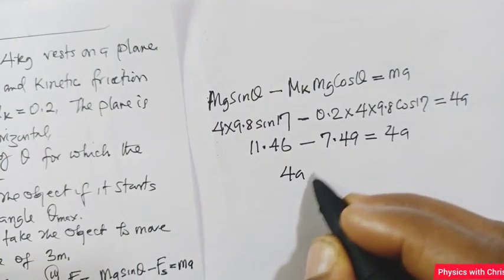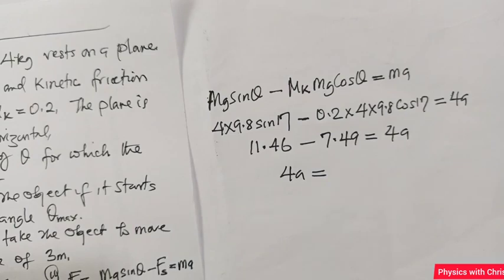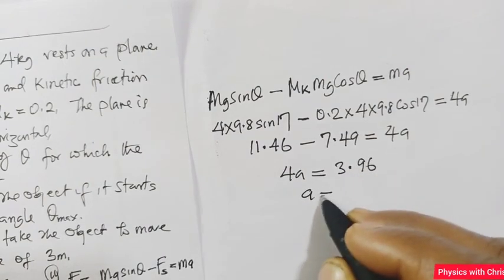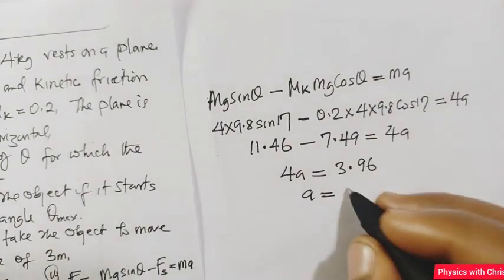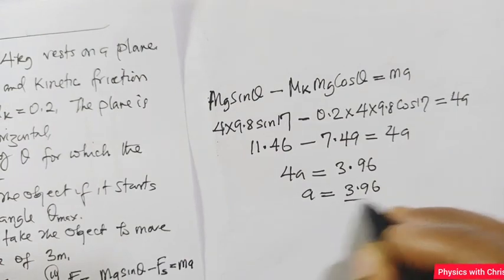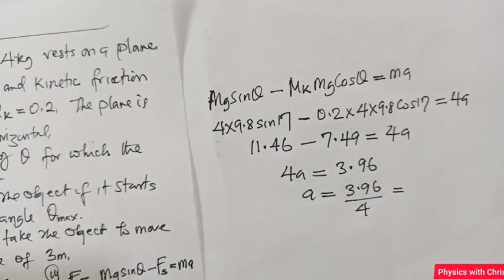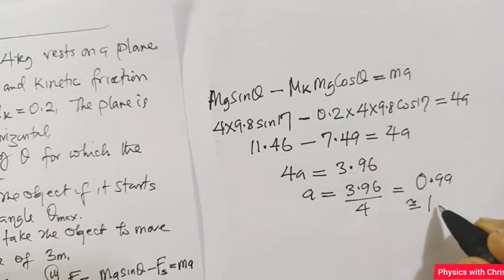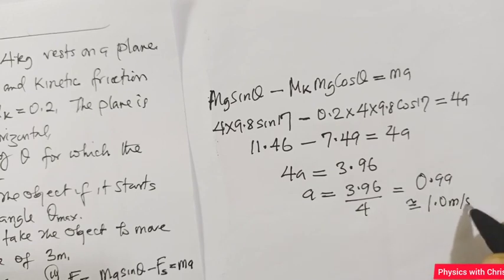So 4a now equals 11.46 minus 7.49, which gives me 3.96. The acceleration of the block down the plane is 3.96 divided by 4. That gives me 0.99, which is approximately 1 meter per second squared.